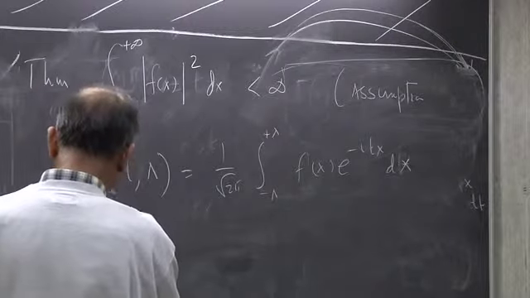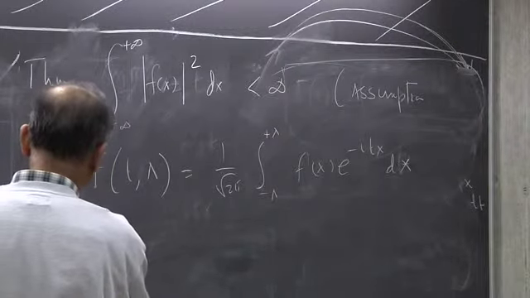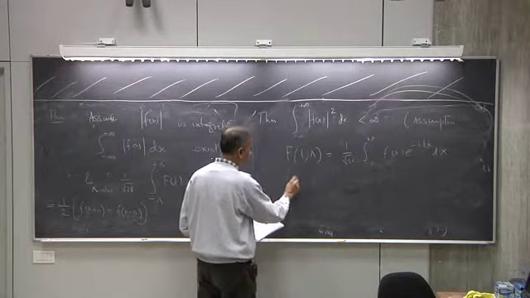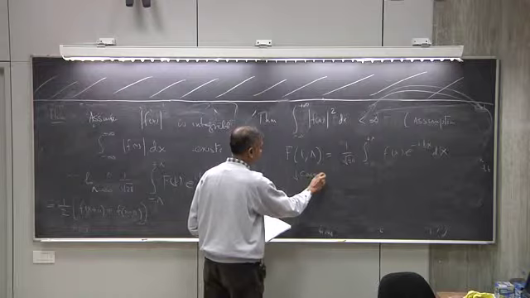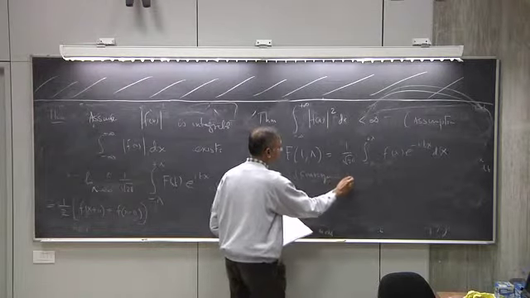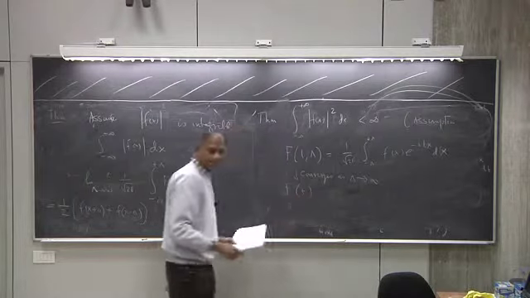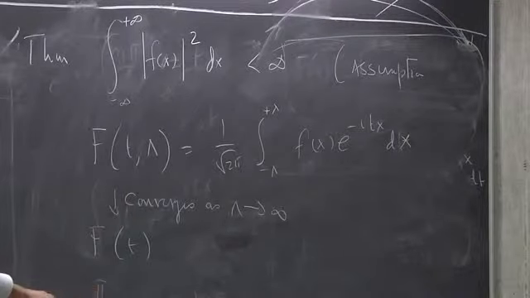Then the statement is that this converges as we take lambda to infinity. It converges to some function F of t, but it's a convergence again in the sense of L2 space.